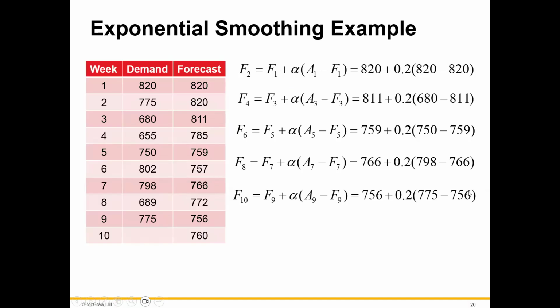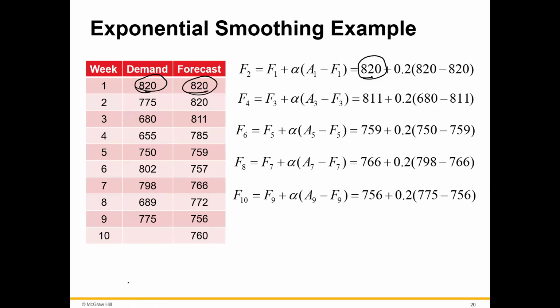Okay. And so we can see here, if we follow across, that if I'm trying to predict time period 2, I'm going to take the forecast from the previous time period 1, which is 820. All right, so here's my 820, which comes from here. Oops, sorry, that's wrong.